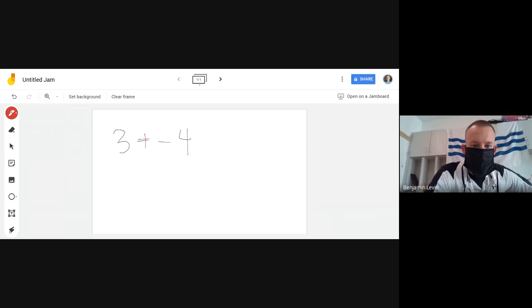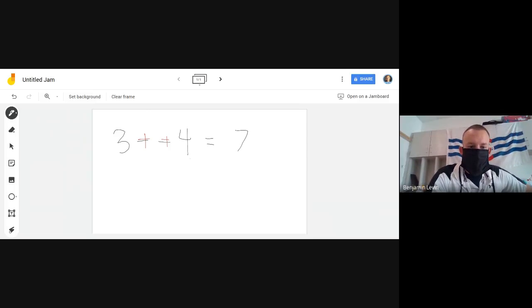So I'm going to make these plus plus, right? Anytime you see a double negative, you're going to turn those into pluses. So this becomes really easy now. 3 plus 4, or 3 plus positive 4 if we're reading it literally. 3 plus 4 is 7. An easy problem, right?